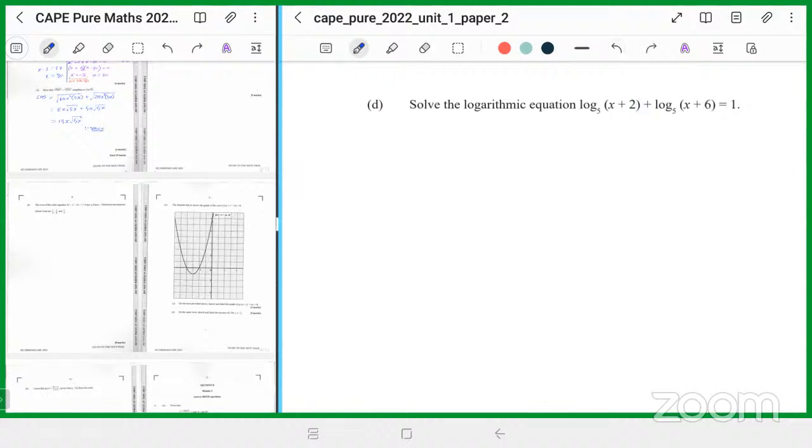When there's a log of a sum, it becomes a log of the product of those values. So this equation becomes the log to base 5 of (x plus 2)(x plus 6) equal to 1. All right, so this is the number, this is the base, this is the power.